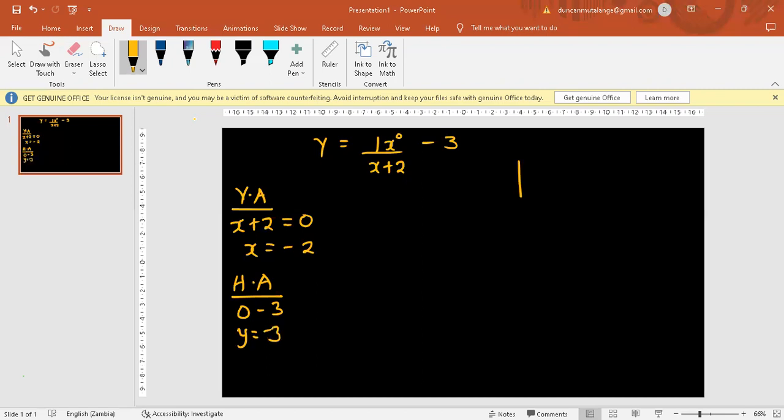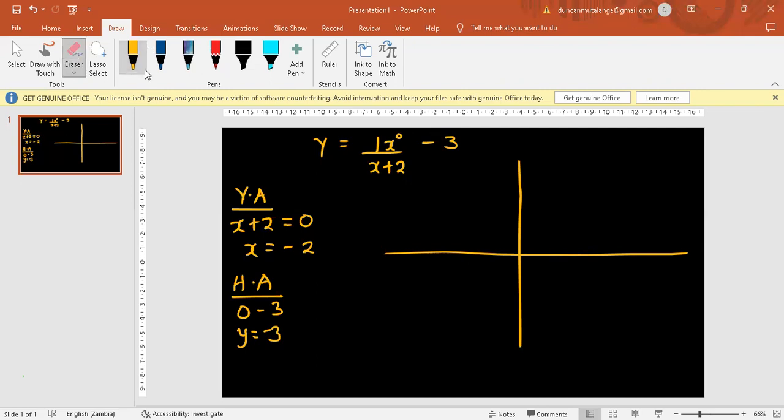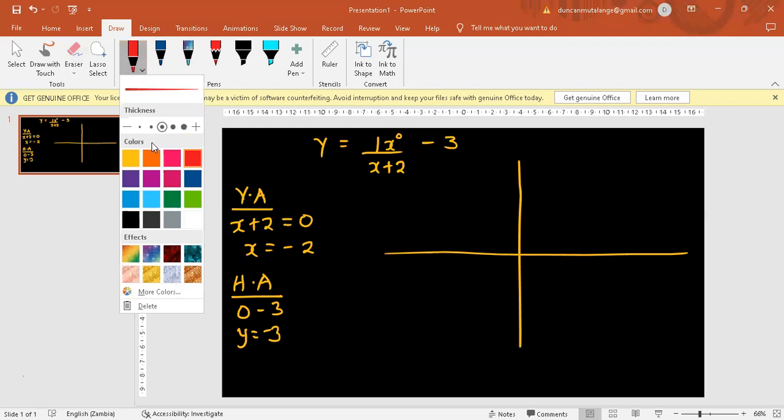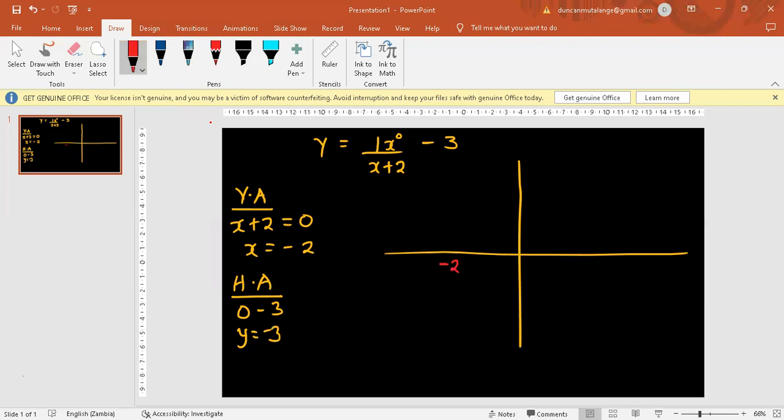We go to the graph, put down this, right? We're going to plot these so we can put down our asymptotes. So our asymptotes here, concerning our asymptotes, what we have is what? Our vertical is negative 2. So we put our negative 2 be here. So we can put this as negative 1. So our negative 2 is right here.